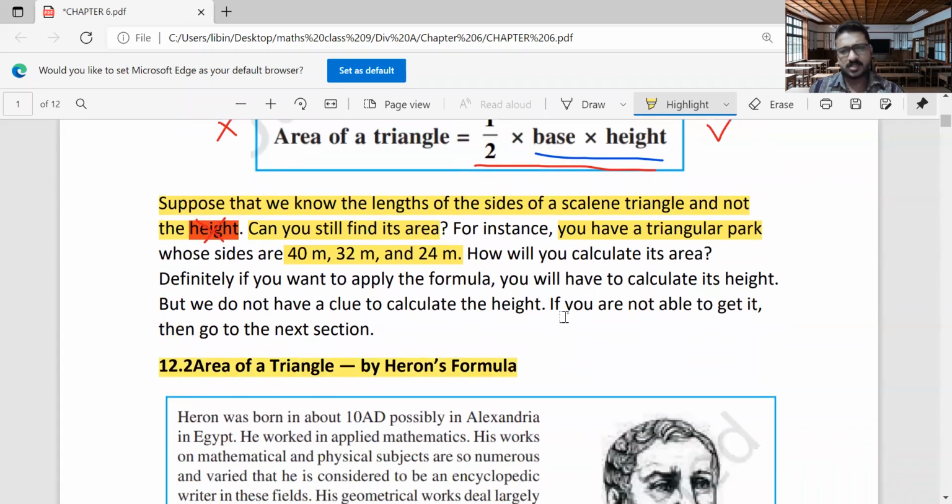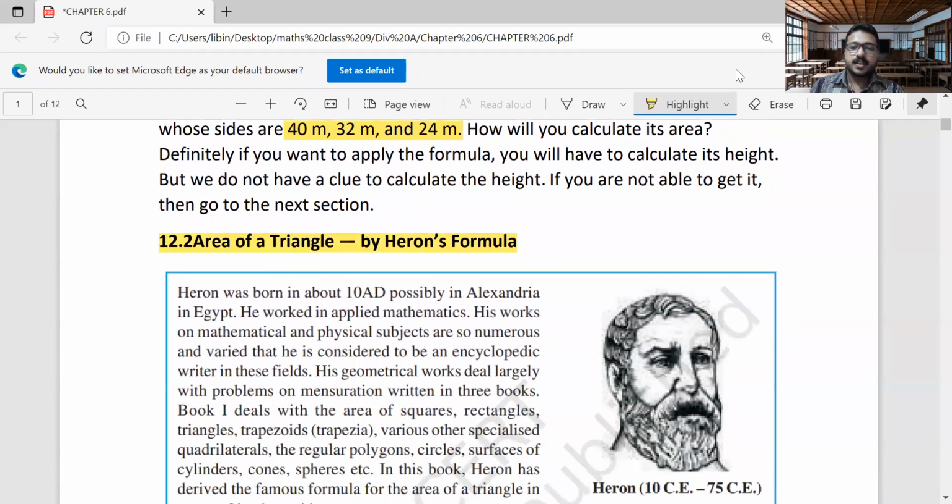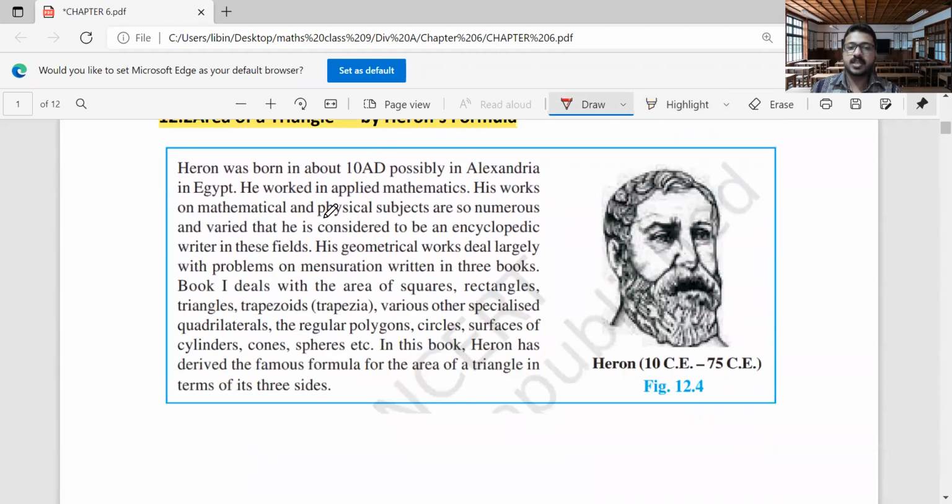So let us see a few words about Heron, the famous mathematician. He was born in about 10 AD, possibly in Alexandria. He worked in applied mathematics, which means just the application of mathematics, not just the theories, but the applications of mathematics in daily life.